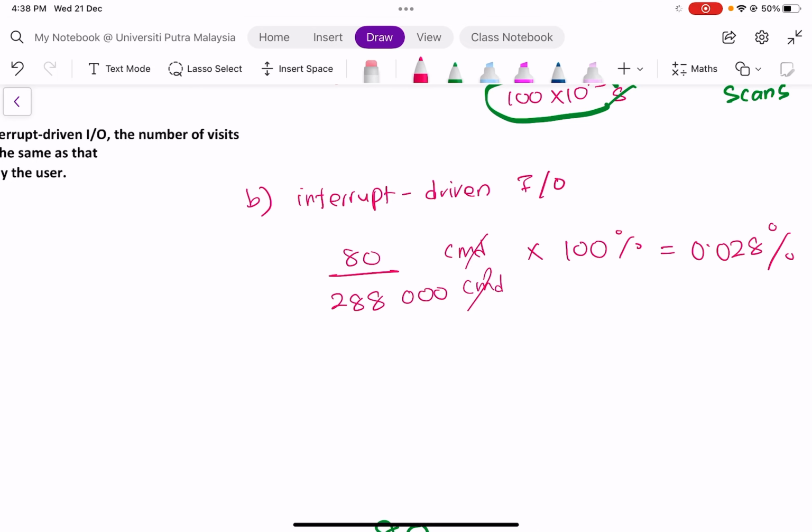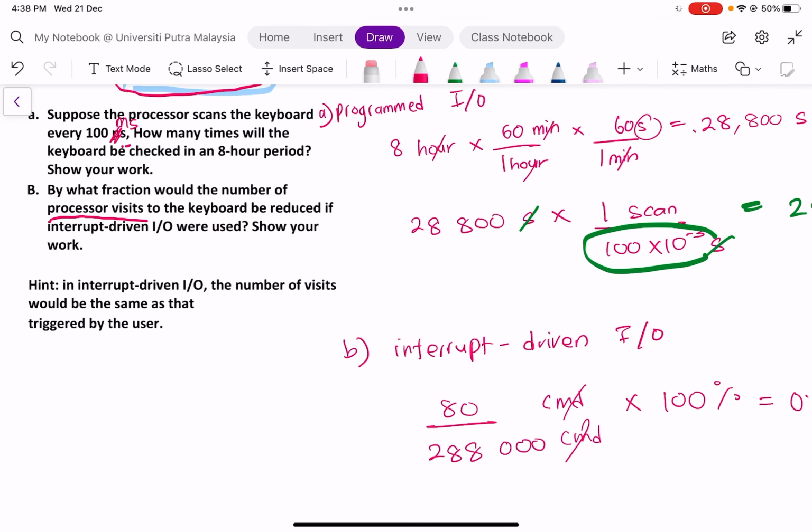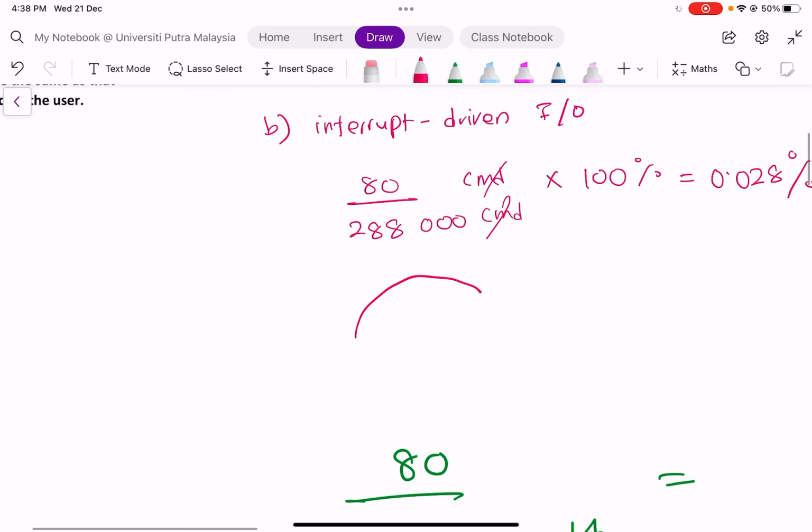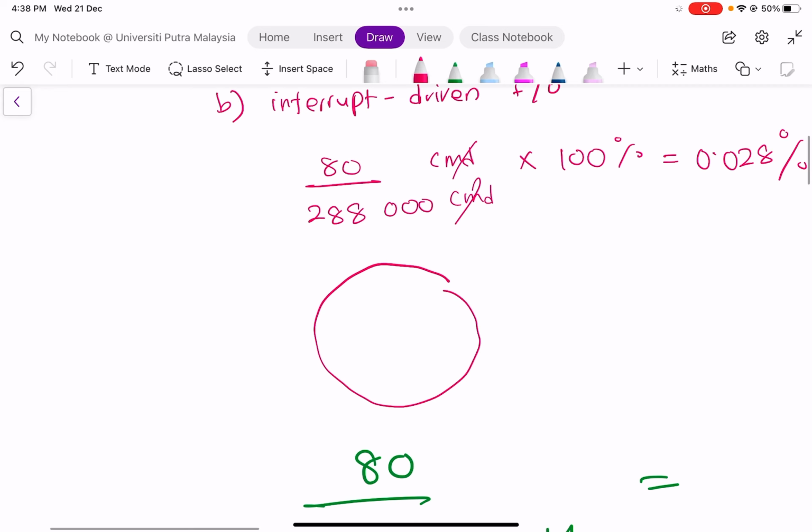Now we are asking, by how much would the number be reduced? Imagine a pie chart like this, and we know that this pie chart is 100%, which is equivalent to 288,000 scans, because we are comparing programmed I/O and interrupt-driven I/O.